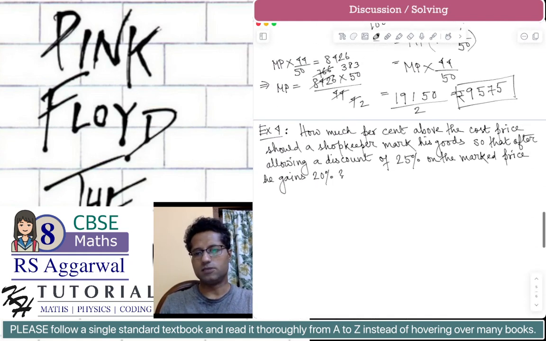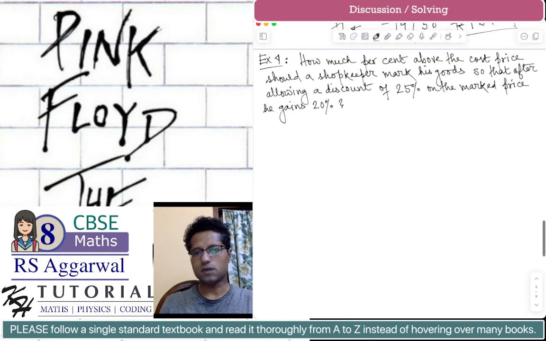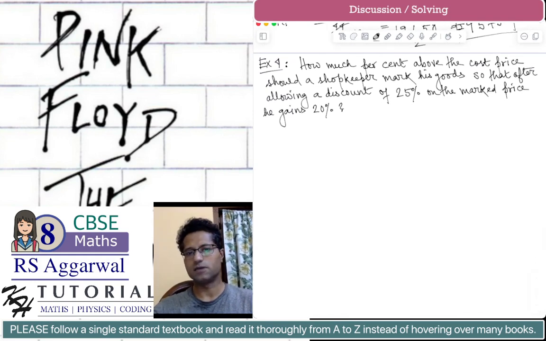Okay, let's see the last problem. How much percent above the cost price should a shopkeeper mark his goods so that after allowing a discount of 25% on the marked price, he gains 20%?